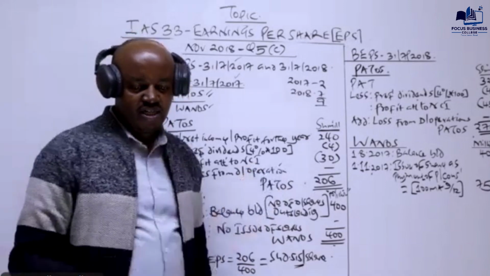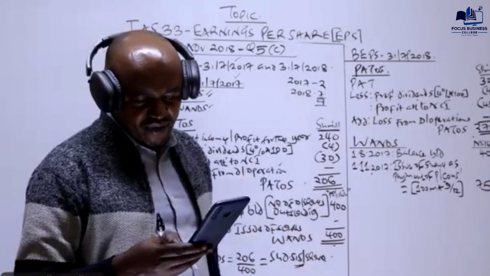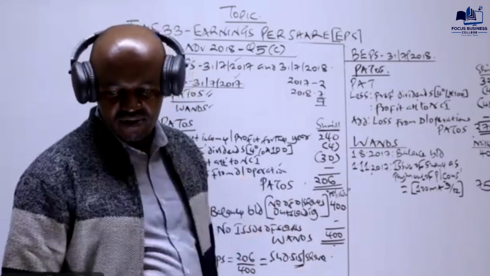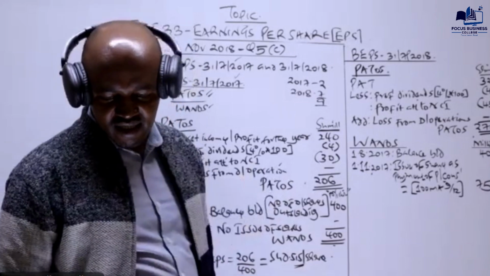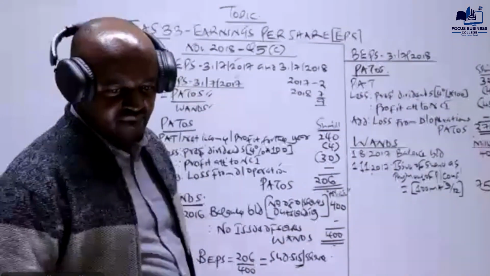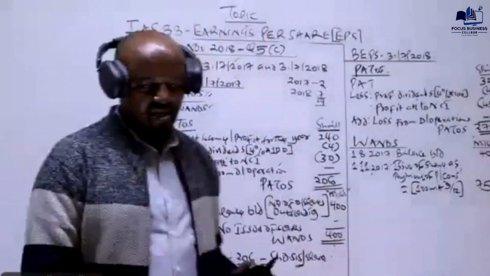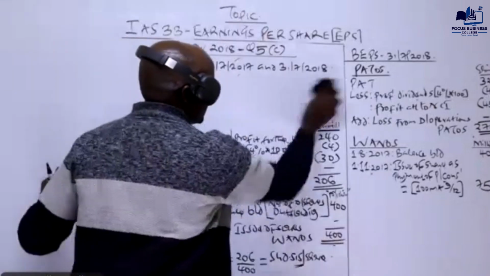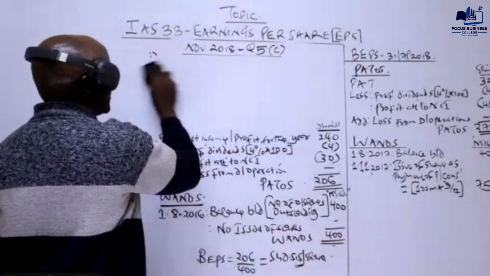Now, what is this? Who can tell us? Shares issued to the existing shareholders, but at a price below the market price. Which name is given to that transaction?